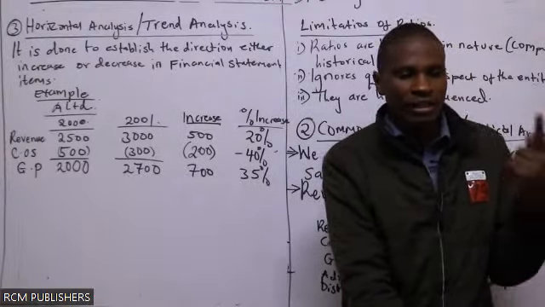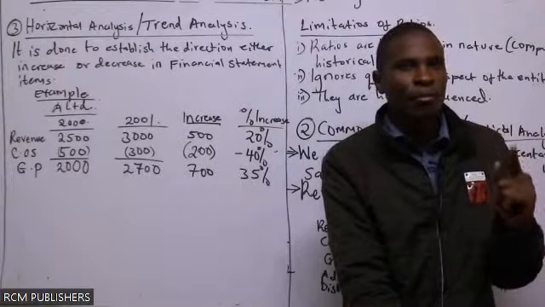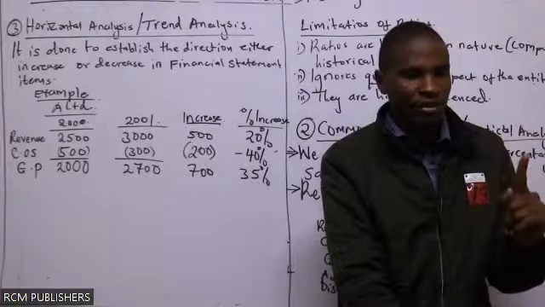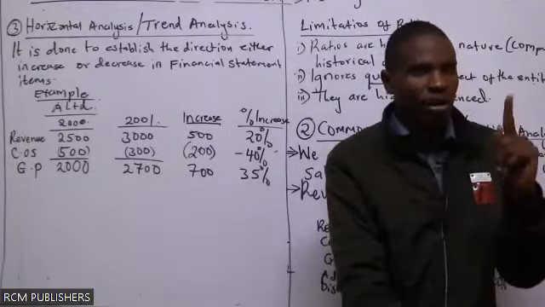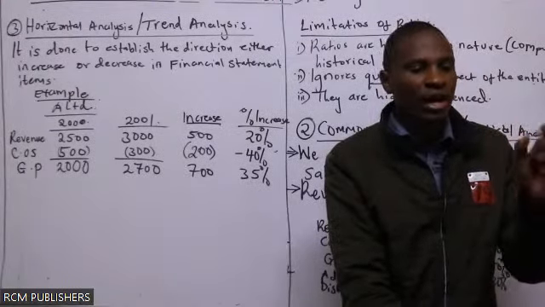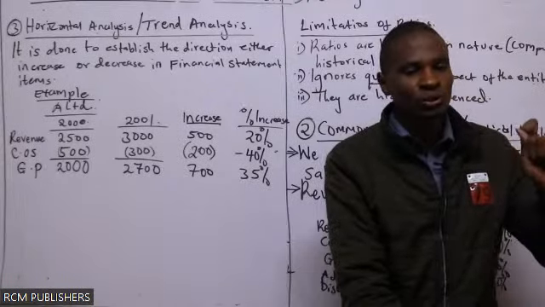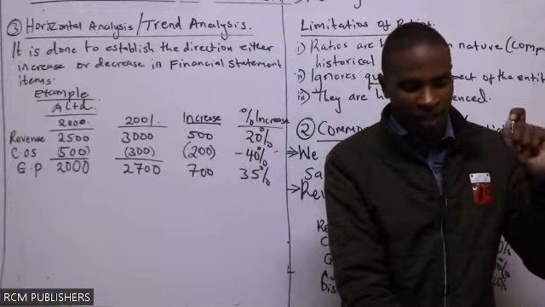When you are giving it in a vertical way, always remember the base figure is revenue in the income statement. When you are in the balance sheet, the base figure is the total assets.